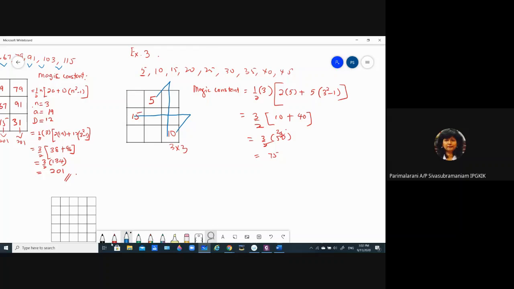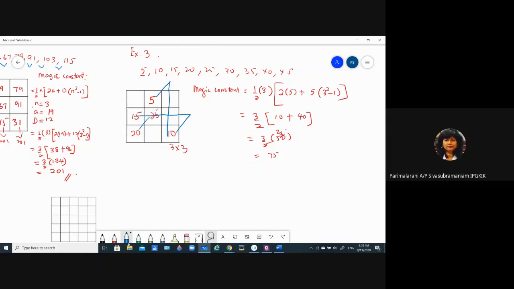Now, again, I'm going to go up and to the right, but this box is already filled. If the box is already filled, then I have to put the number below the previous number. So this is 20. From 20, I'm going to go up and to the right here. So the next number will be 25.